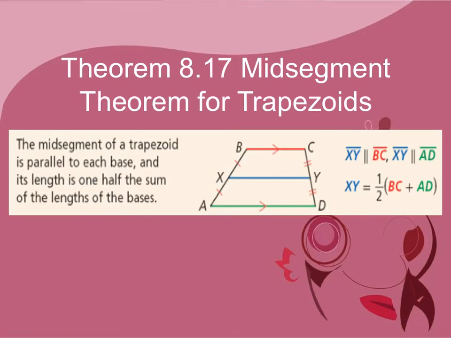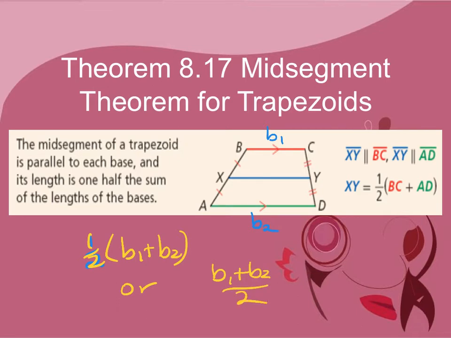So the theorem for the midsegment says the midsegment of a trapezoid is parallel to each base, and its length is 1/2 the sum of the lengths of the bases. So what we could also represent this as is the top could be base 1, the bottom could be base 2. So to find the length of that midsegment, we could either do 1/2 base 1 plus base 2, or just do base 1 plus base 2 divided by 2.